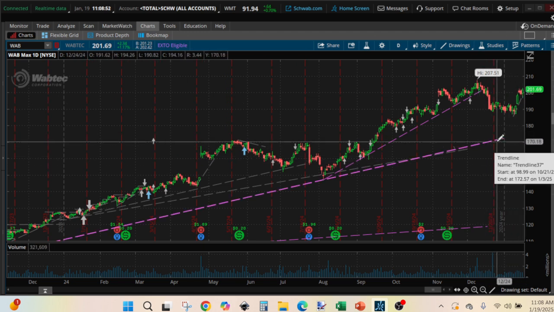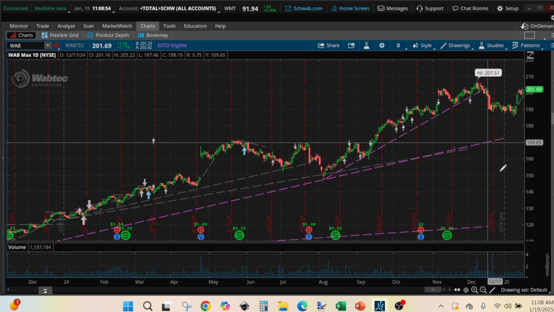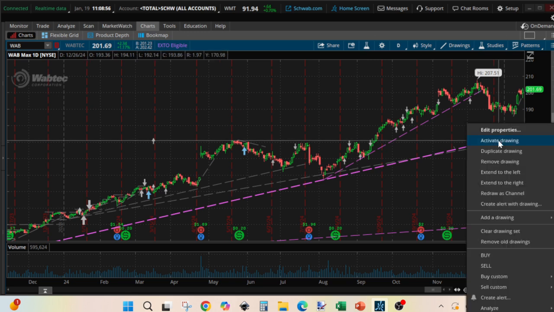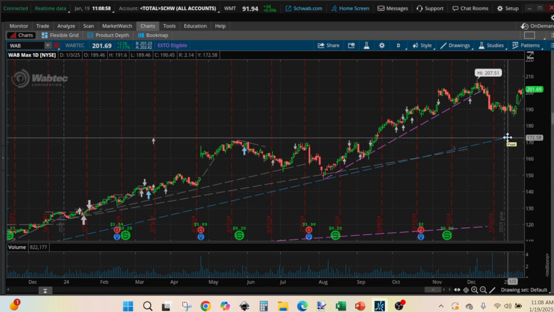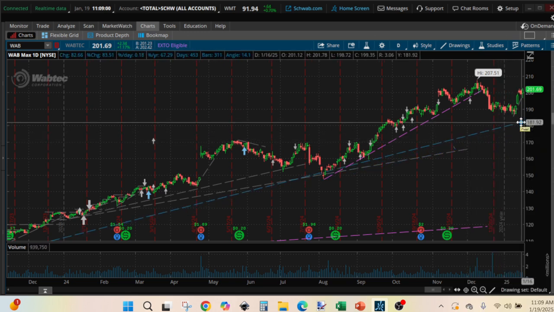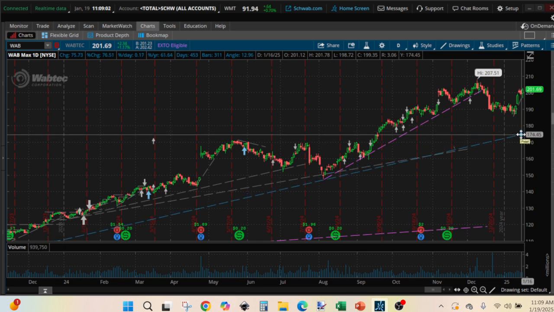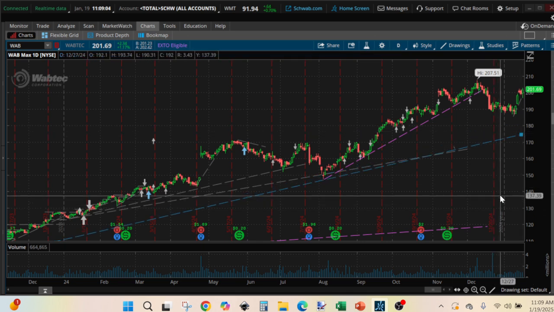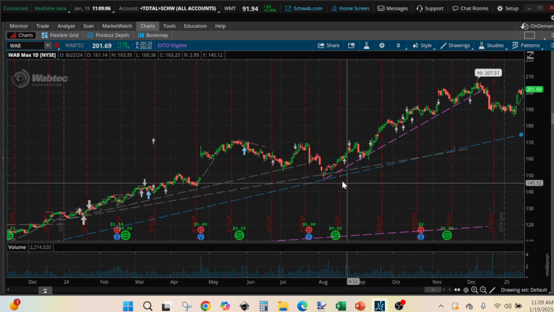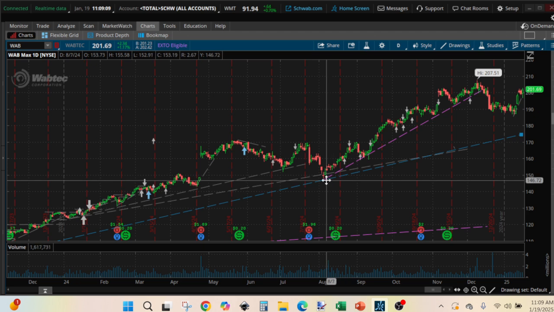But yeah, that is a short trend line there. Okay, at least it is a longer trend line.